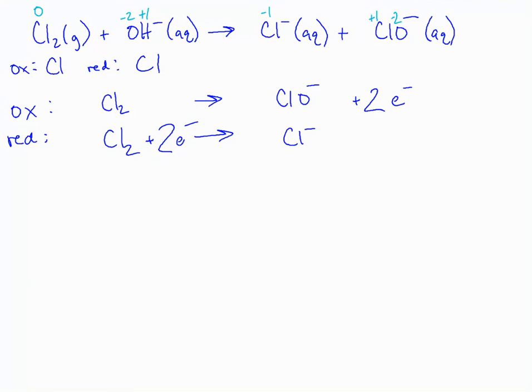Three, balance the half reactions. This is an aqueous reaction. Balance the elements that are not hydrogen or oxygen. So that's Cl, 2, and 2. Balance the oxygens with water. So we need to add plus 2 H2Os to deal with this. And we need to add nothing to this one.